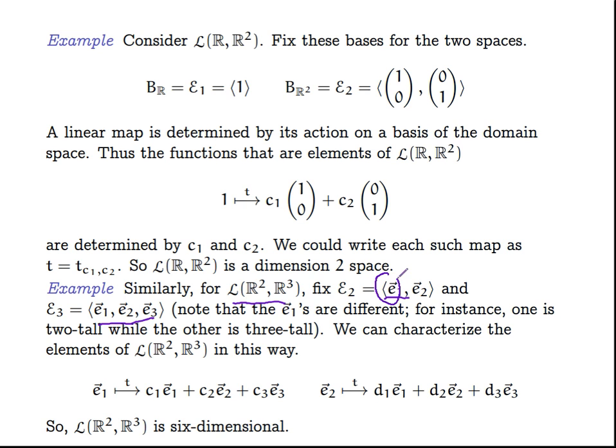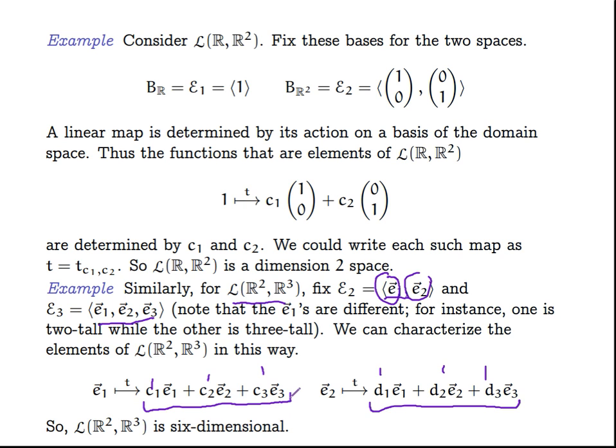So if I determine that E1 in the basis for R2 maps to this particular vector in R3, and E2 maps to this particular vector in R3, then that will determine uniquely the linear transformation that maps E1 and E2 to these two different vectors. So how many dimensions are there? Well, the linear transformation is specified by 1, 2, 3, 4, 5, 6 arbitrary constants. We have a 6-dimensional vector space.